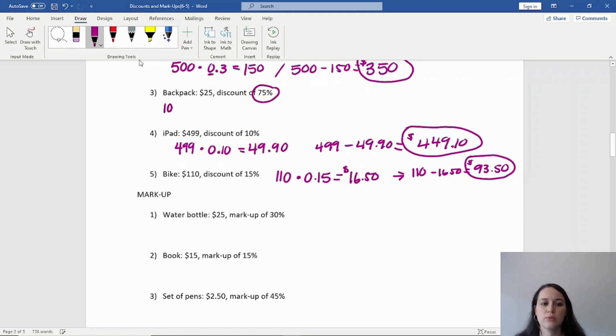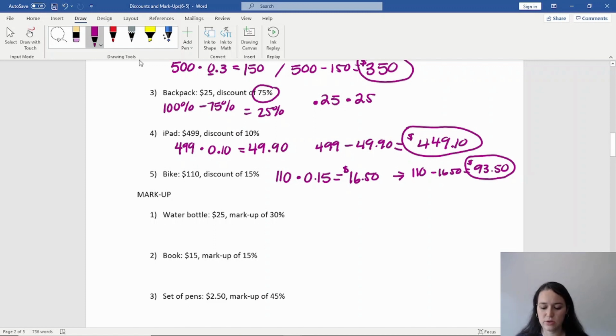So you'll do 100% minus 75%, and that's 25%, because you're only actually paying for 25% of the cost of your item. So I want 0.25 times your original $25.